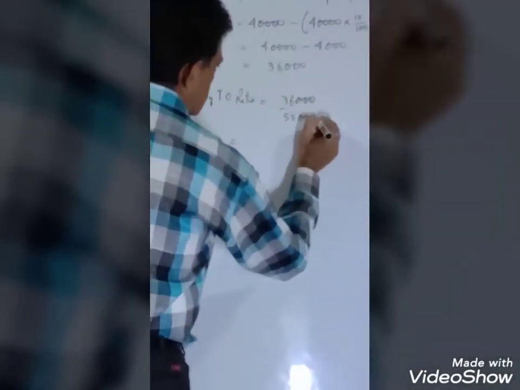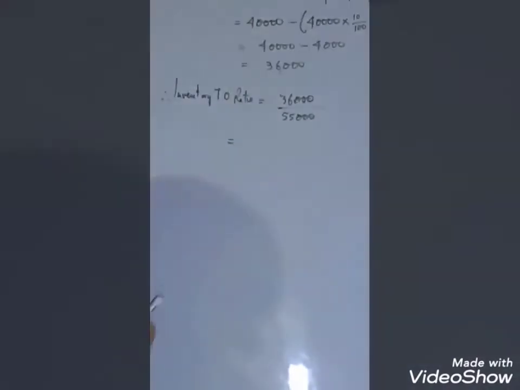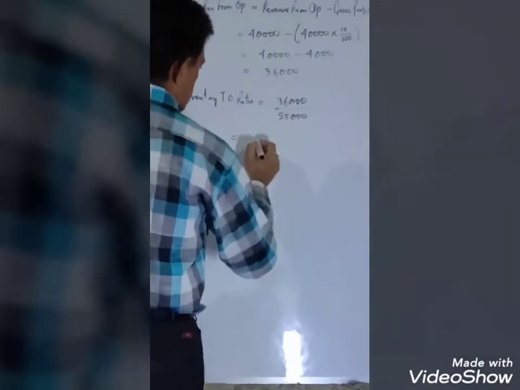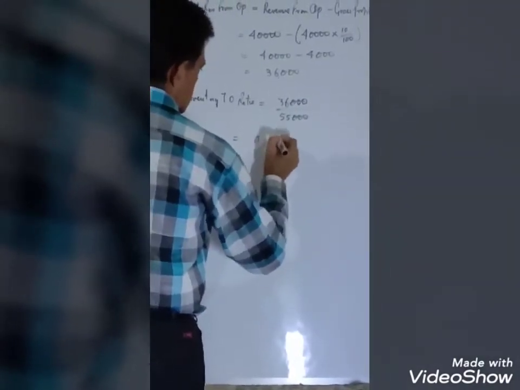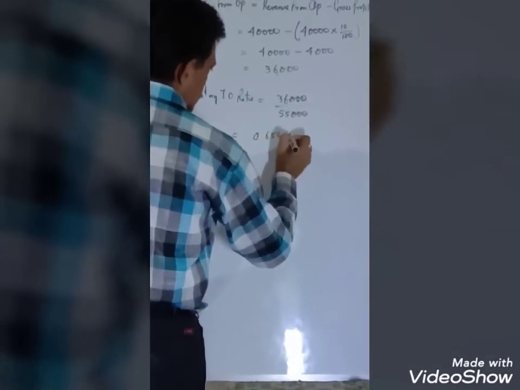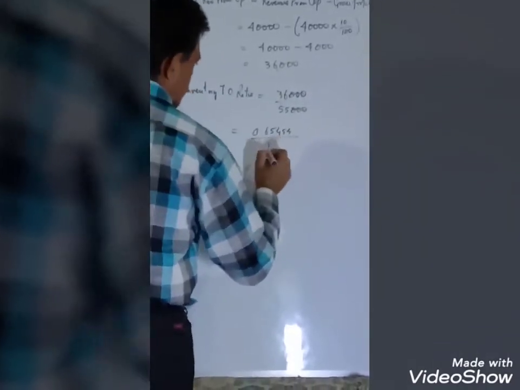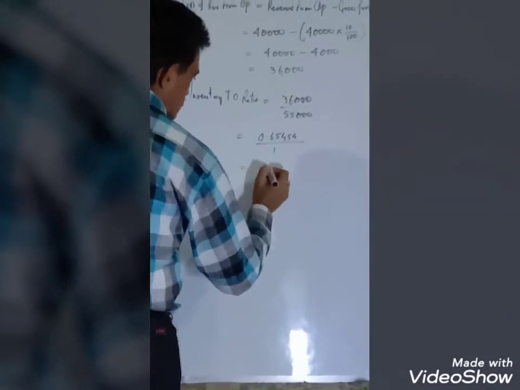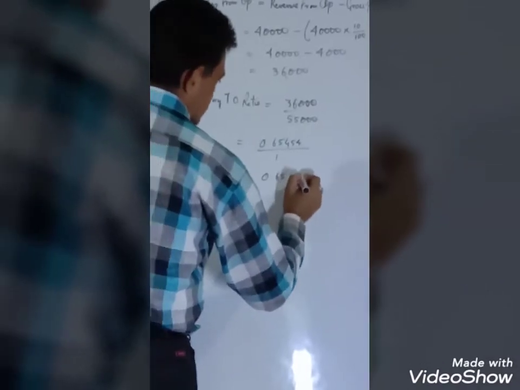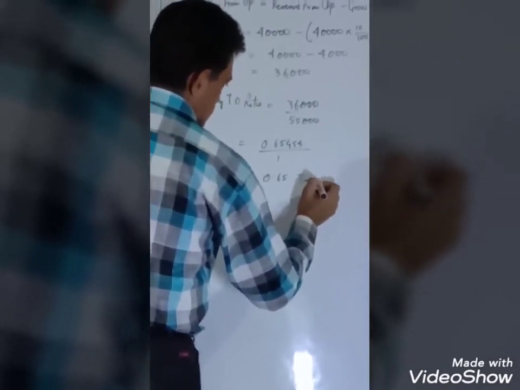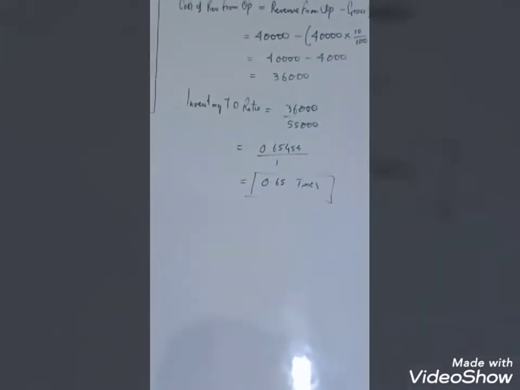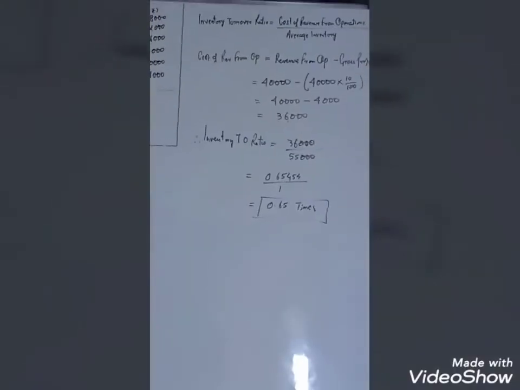Now 36 divided by 55. This will be 0.6545, and it will go on like this. So 0.65 times. This is the answer, 0.65 times.